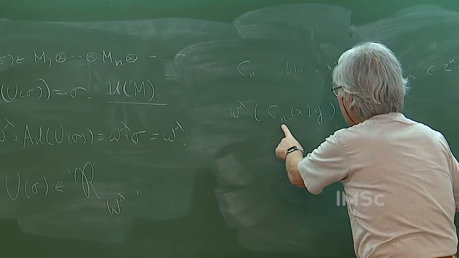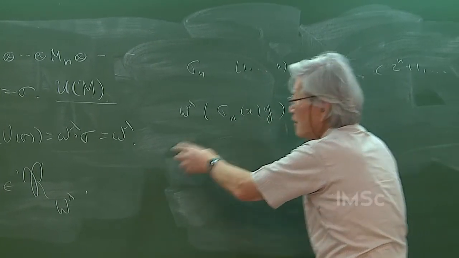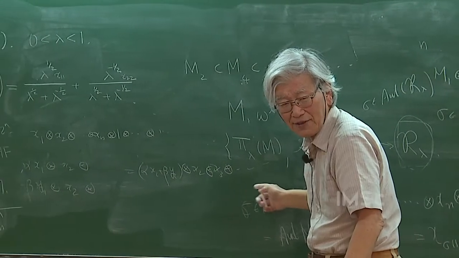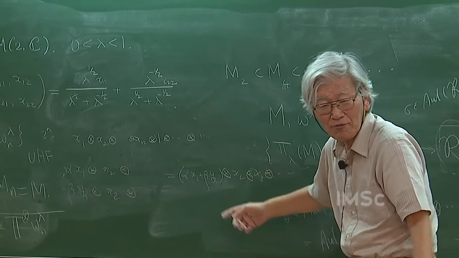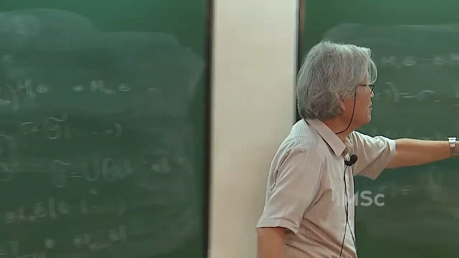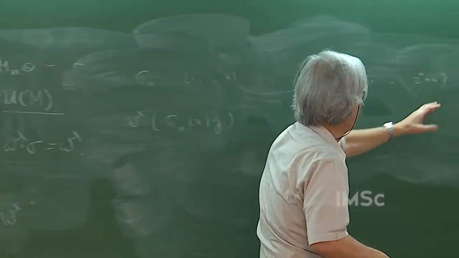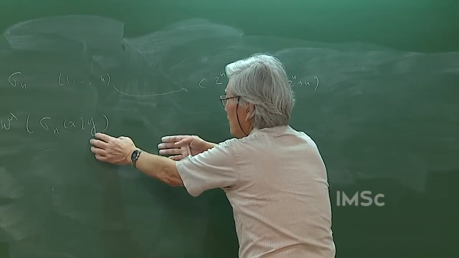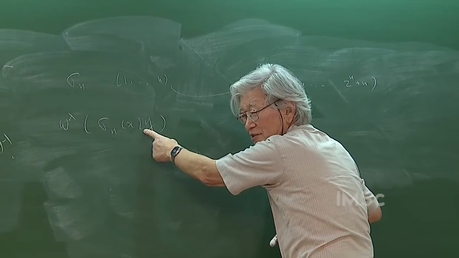Then if n exceeds where x lives, it's a finite place, or y as well, and if you take n large enough, then sigma n moves x far away from where y lives.